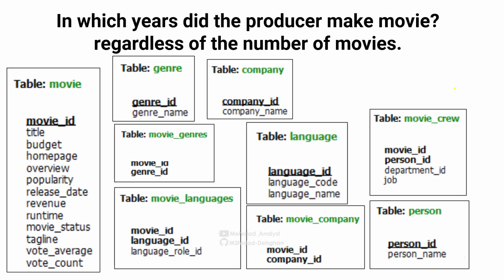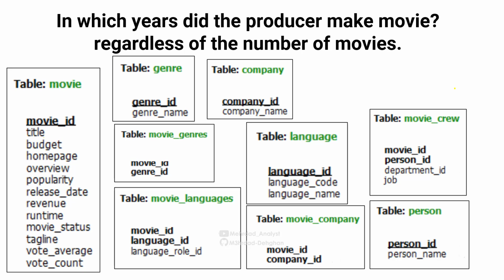The next question is, in which year did the producer make movies, regardless of the number of movies? This question is asking to just show the years of making movies, and it doesn't matter how many movies are made in every year.